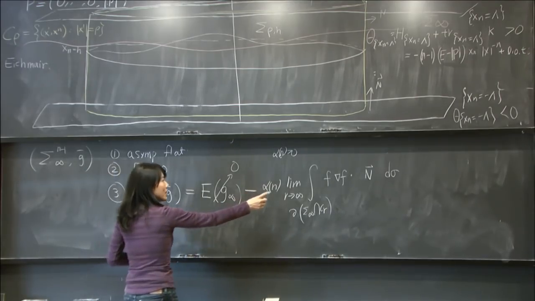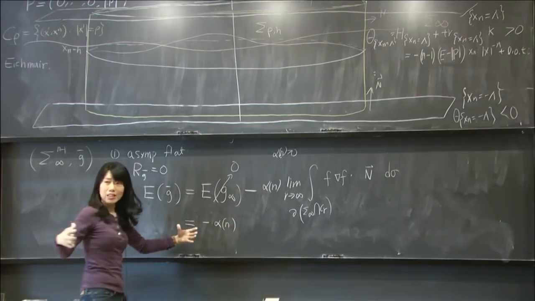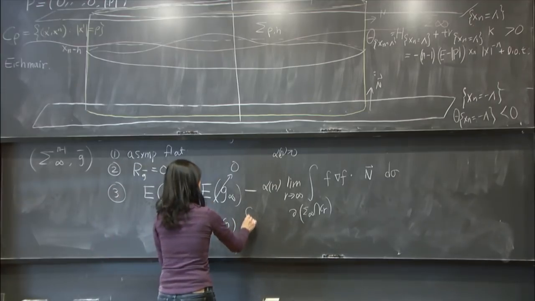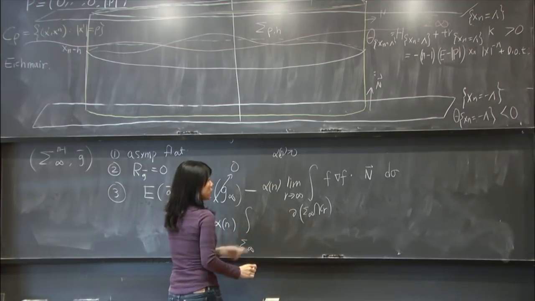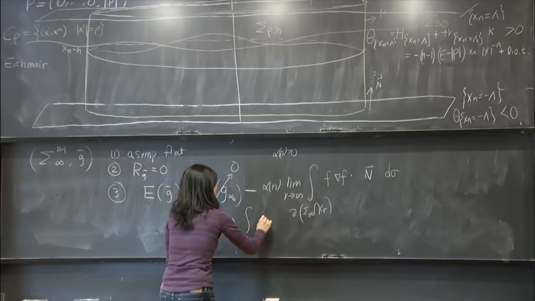So we will use the divergence theorem to write this flux integral on the boundary as an integral on sigma infinity. You just take the divergence of f and gradient f.